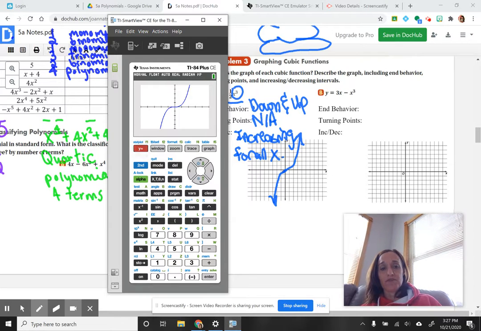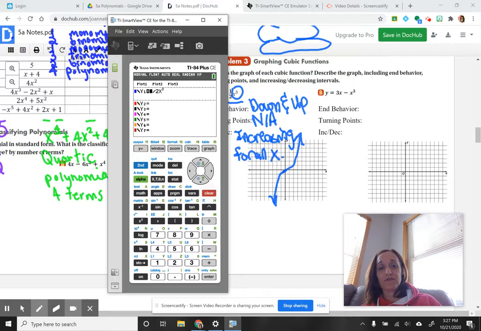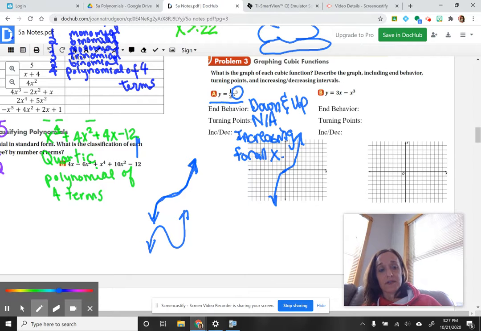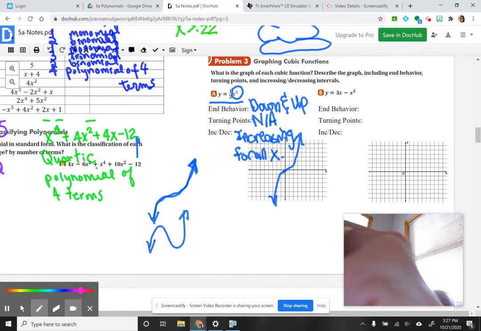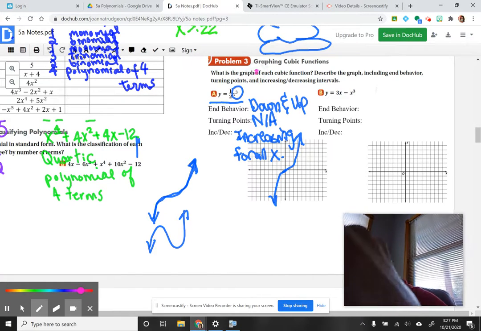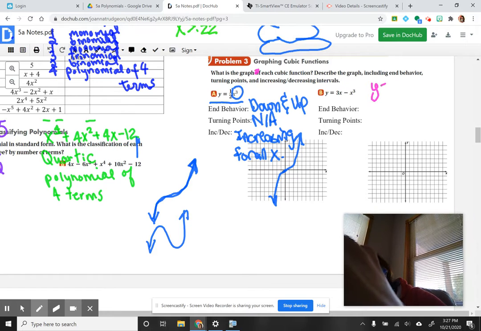Again, we should be able to know end behavior on this one before we actually graph it, because my leading term here, let me just go back to this. It's better to write this with negative x cubed plus 3x.